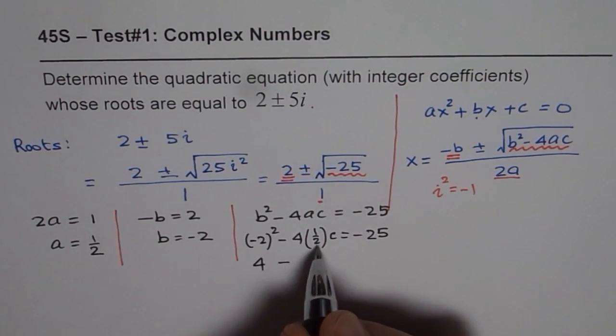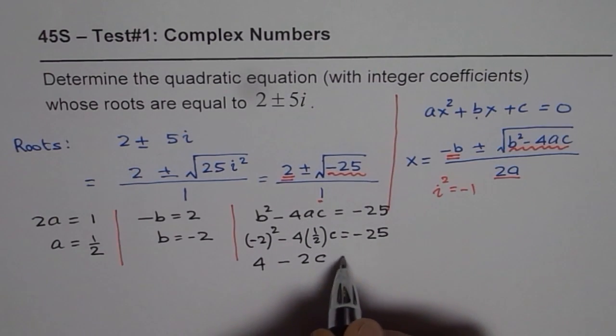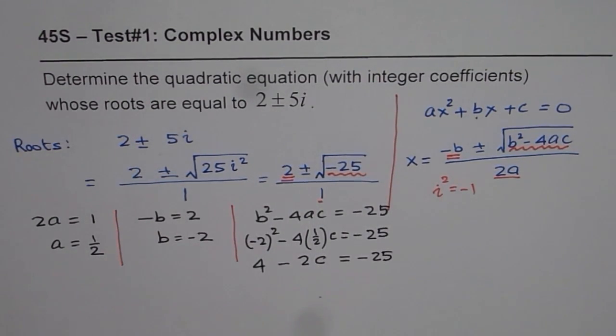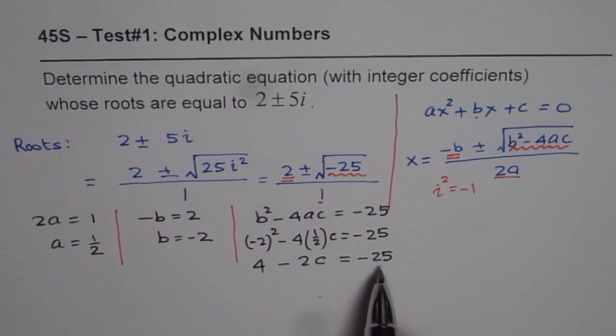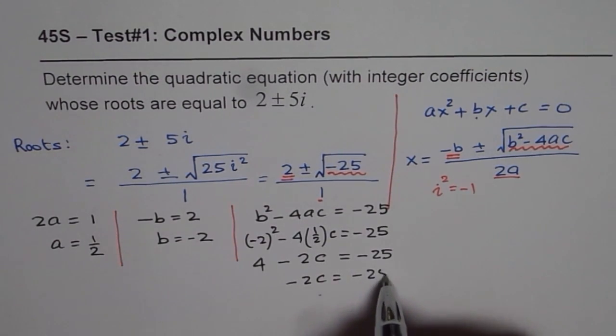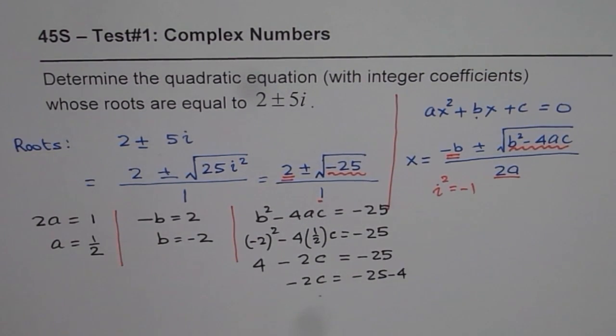4 minus 4 divided by 2 is 2. So we get 4 minus 2c equals minus 25. Now we can rearrange these terms. So we get minus 2c equals minus 25 minus 4.